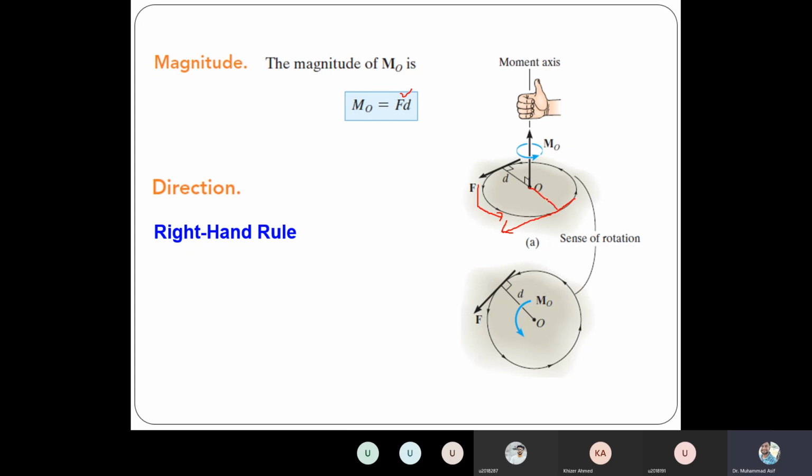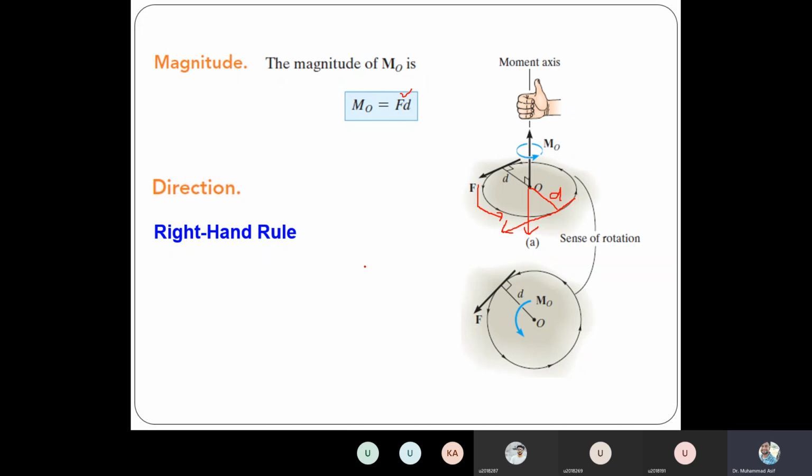So what will be the direction of the moment now? Sir, it's going to be opposite. Opposite means where? If you rotate the right hand fingers, sir, downward. Downward, the direction will be downward basically, right? So this is one way.